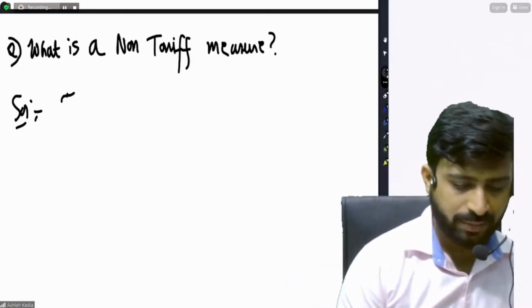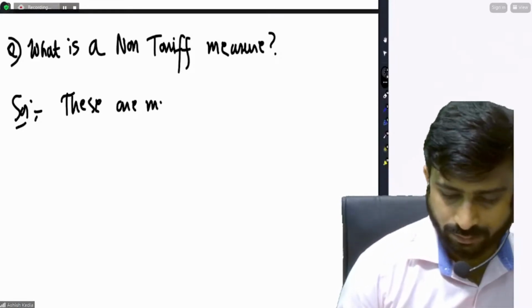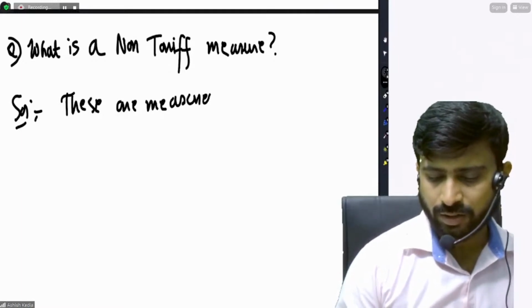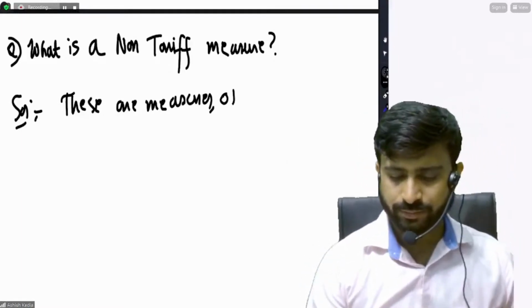So friends, these are measures other than customs tariff.